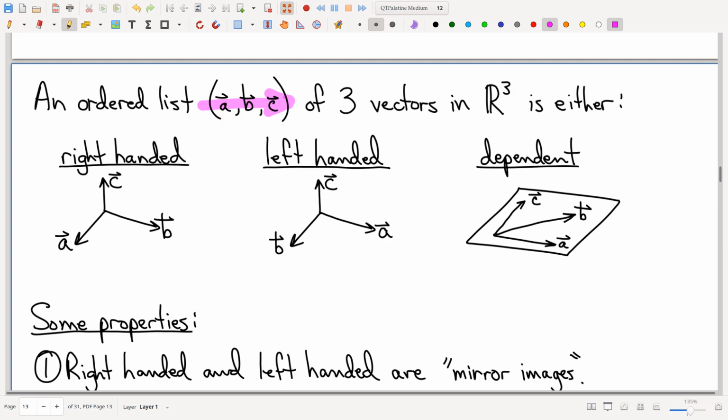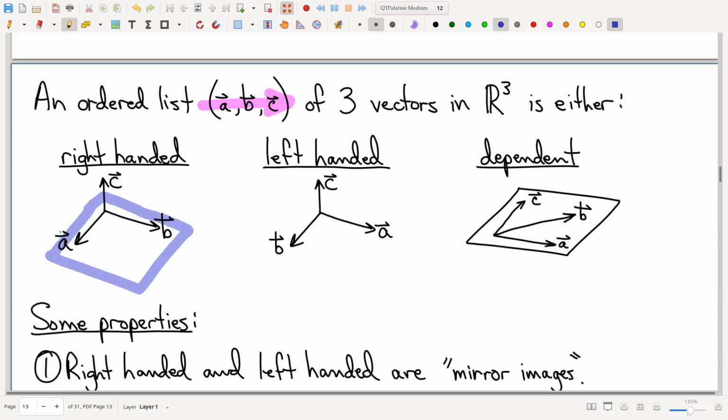And then I'm going to refine this point a little bit to recognize that A and B define a plane. And even if I can't get my thumb to point exactly in the direction of C, right? Maybe I'm not quite that flexible. What I can do is point out that C points on one side or the other side of that plane.